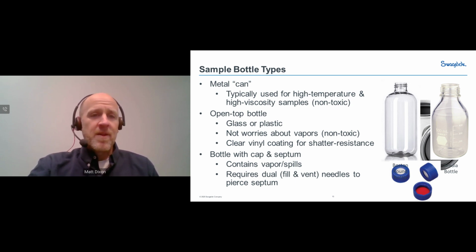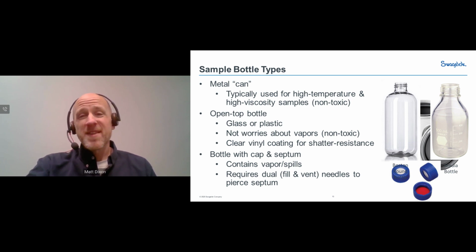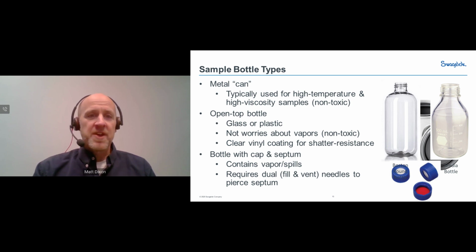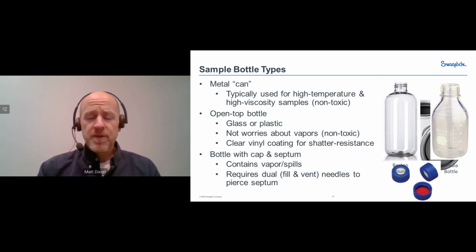Now, in a lot of different sampling operations, you'll see septa that are applied to the top of the bottle, and then that's pierced with some needles to dispense a sample. Now, with a viscous liquid, you're typically not going to see that, for two reasons. One, trying to push that viscous liquid through small diameter needles is very difficult to do, of course.